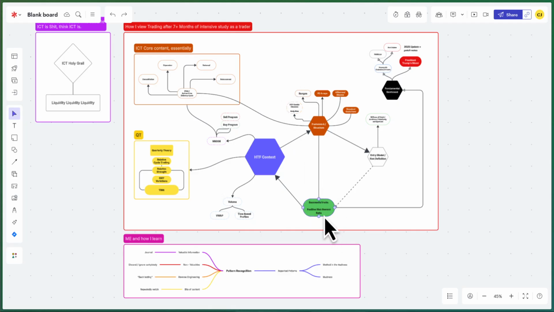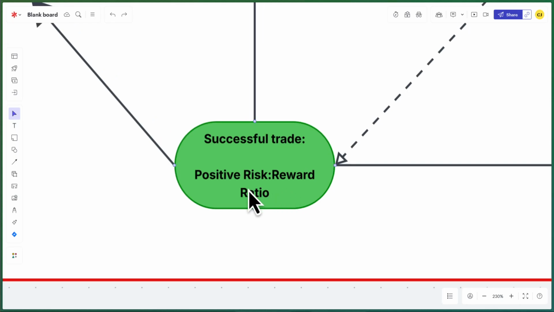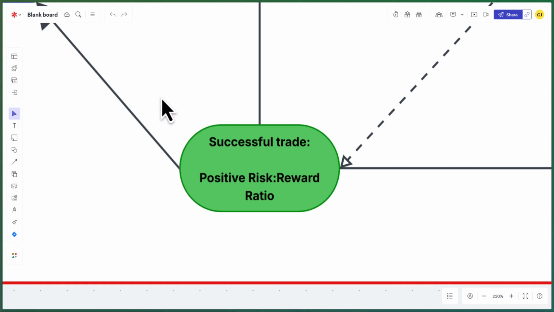For a successful trade to exist, I expect that trade to have three elements to it, just three. Not more than that, not less than that. The first and most important element to every trade setup that I try my best to take, because human error is a factor.